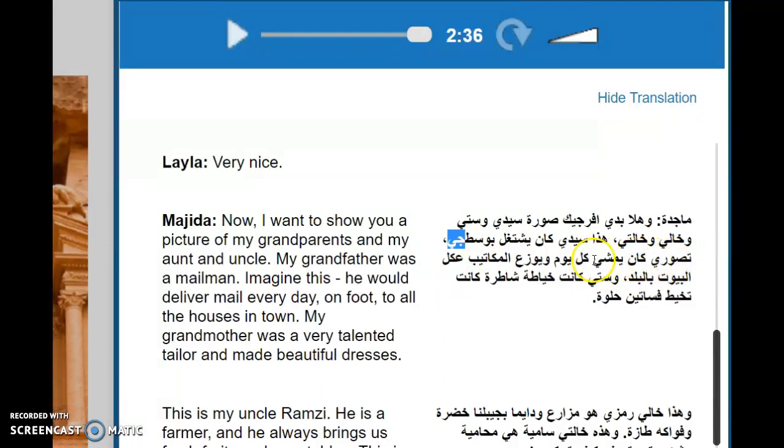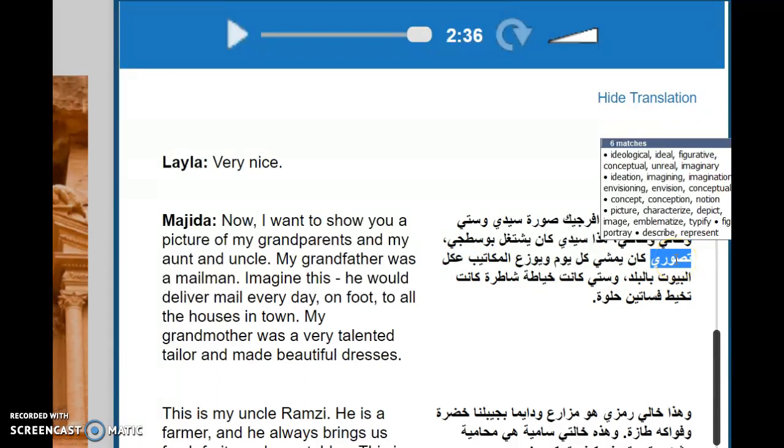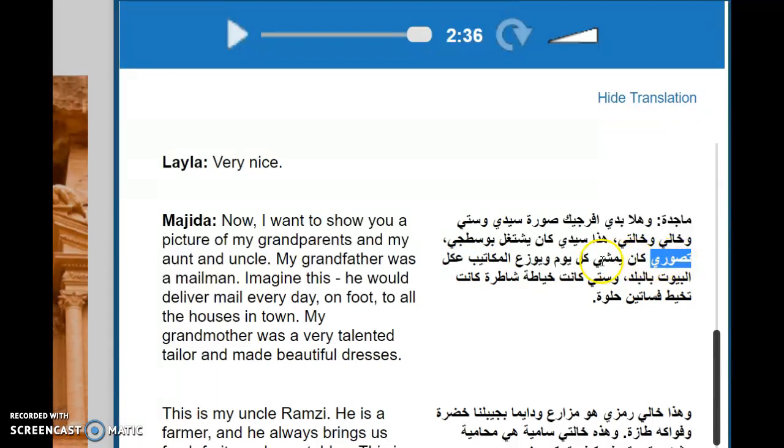تصوري كان يمشي كل يوم ويوزع مكاتيب على كل بيت بالبلد. Imagine, second person imperative feminine. كان يمشي, he would walk. كل يوم ويوزع, and he would pass out. Form 2 verb, imperfect. مكاتيب.